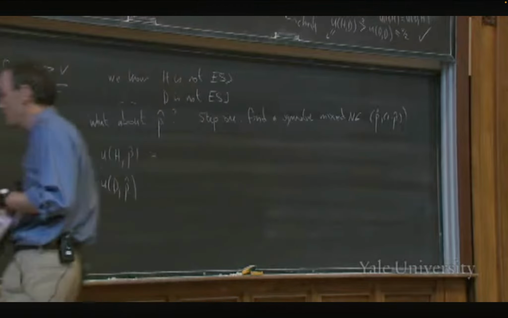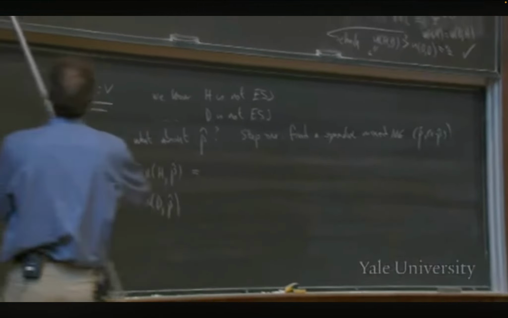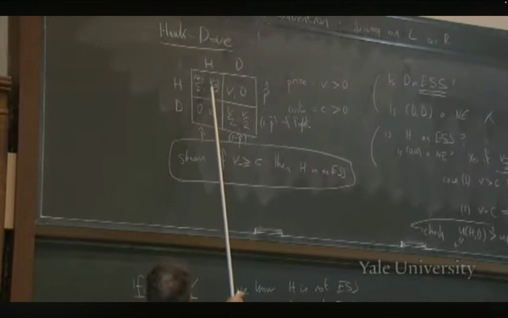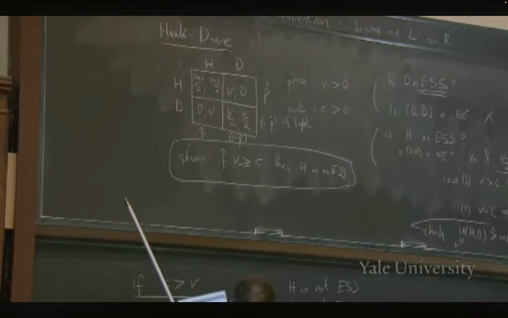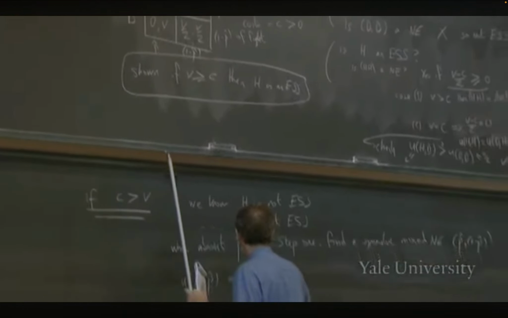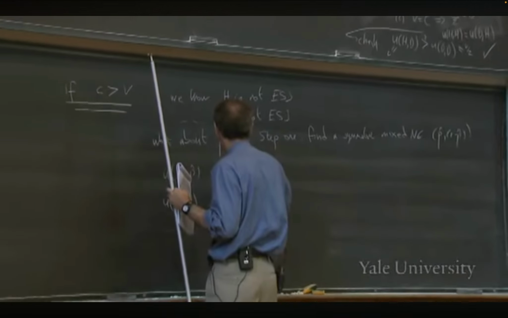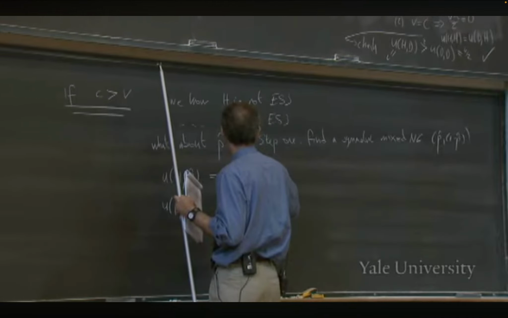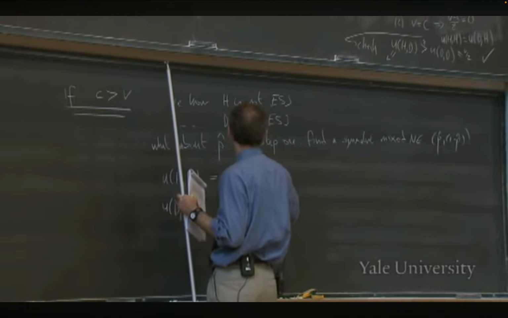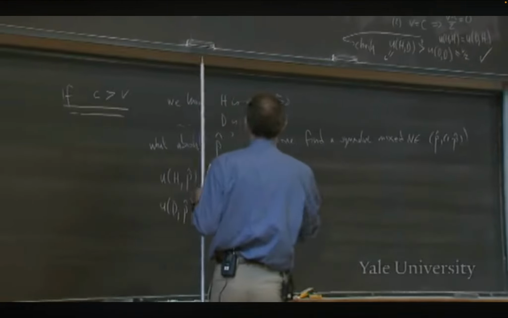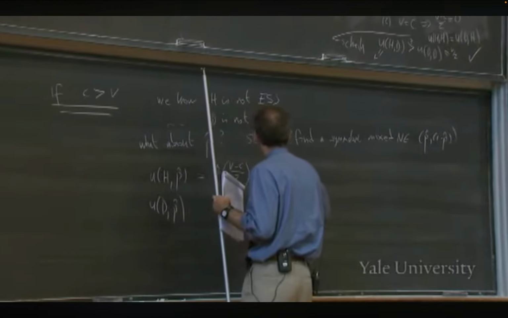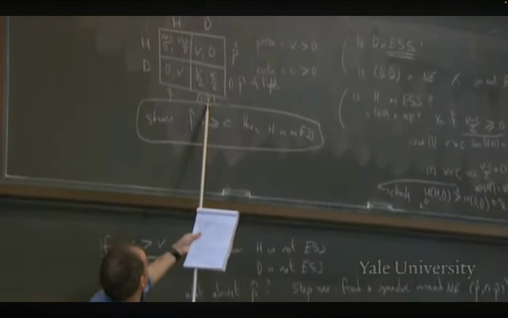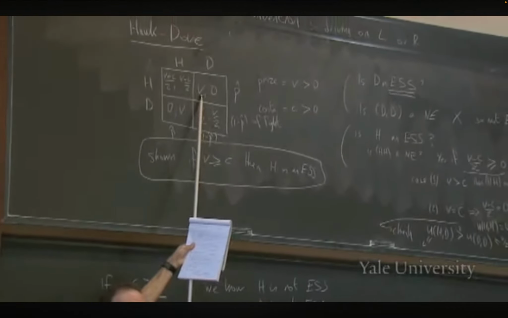Let's use our pointer. So hawk, p hat of the time, will meet another hawk and get this payoff of v minus c over 2. And 1 minus p hat of the time, they'll meet a dove and get a payoff of v.